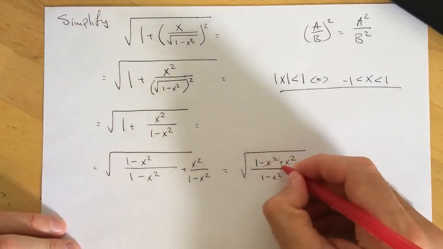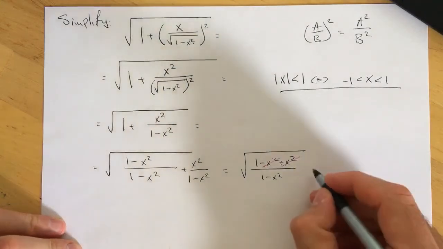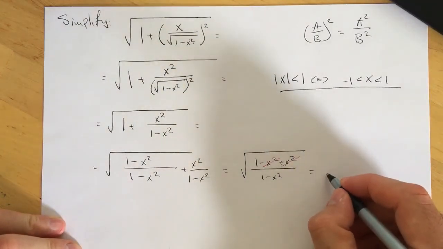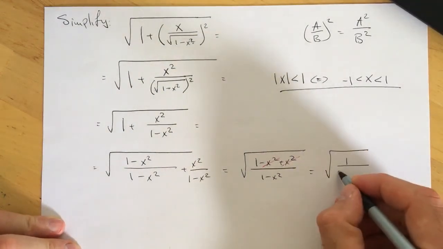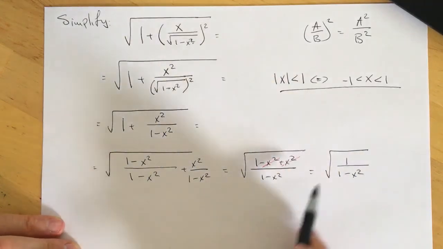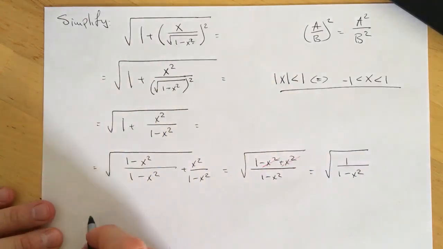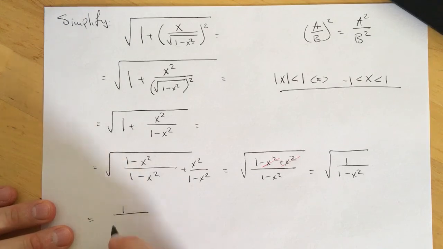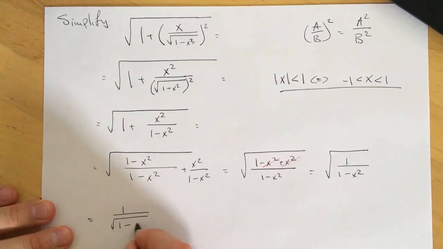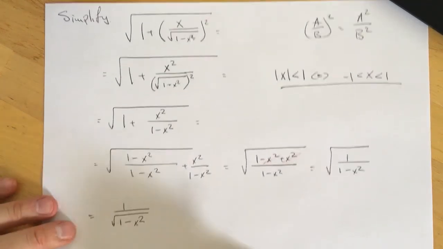Okay, and now we cancel the only thing that can be cancelled, then you have the square root of 1 over 1 minus x squared. Now we learned that the square root of 1 is 1, over the square root of 1 minus x squared.